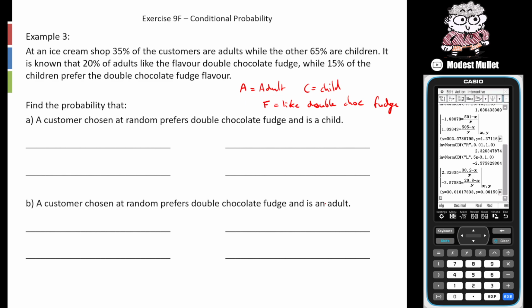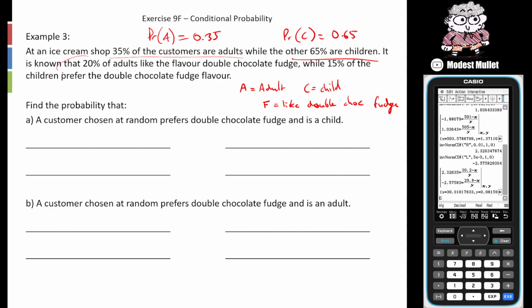Now we have that, we can write some of this information in probability notation. At an ice cream shop, 35% of the customers are adults, so the probability of them being an adult is 0.35. Probability of a child is 0.65.